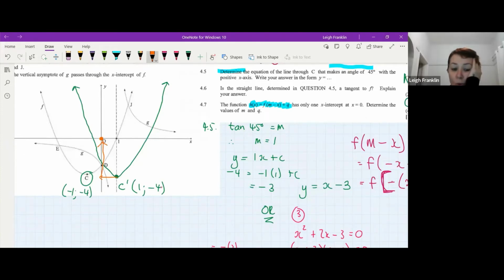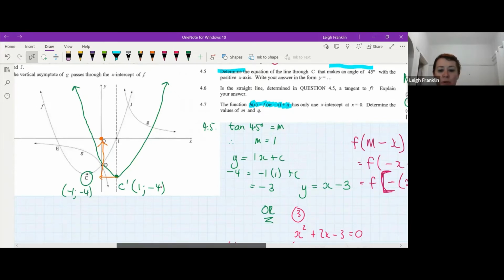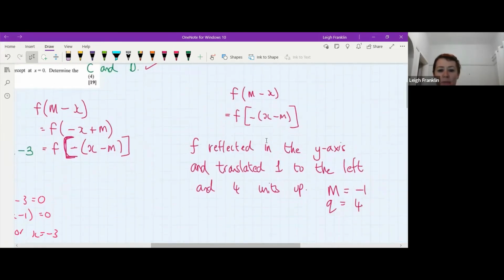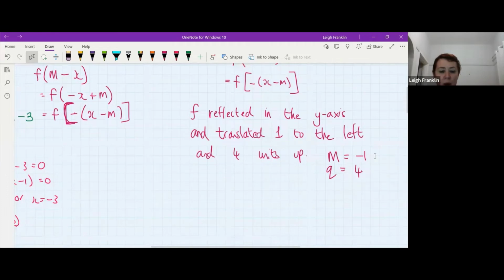You sure? Yes, ma'am. Oh, okay. All right. So it's been reflected over the y-axis, and then in order to have its turning point at the origin, we would then need to translate it 1 unit to the left and 4 units up. And that's why m would have to be equal to -1, and q would have to be equal to 4.